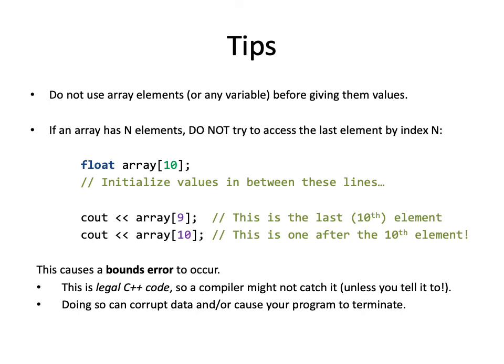Now this is a cause for concern because this is actually valid C++ code, and the compiler, therefore, probably won't catch it for you unless you tell it to give you a specific warning. If you do this, it can corrupt data or cause your program to stop working or quit unexpectedly and cause confusion and trouble. So just make sure that you try to avoid that.